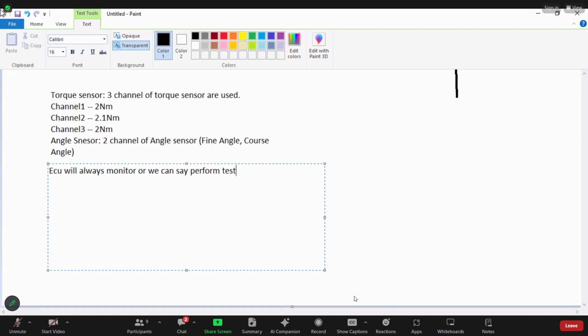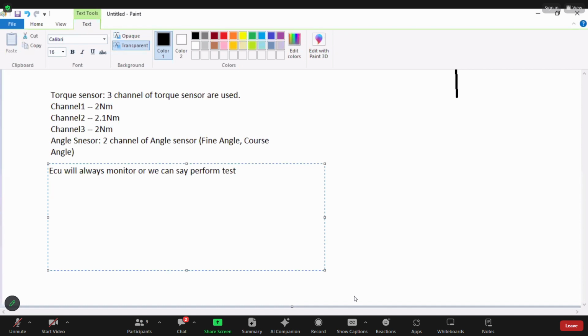It will run a test: channel 1 working or not working, channel 2 working or not working, channel 3 working or not working, fine angle sensor working or not working, coarse angle sensor working or not working. Based on the test, it will validate. If channel 1 is not working, then the ECU will detect there is a fault in channel 1.